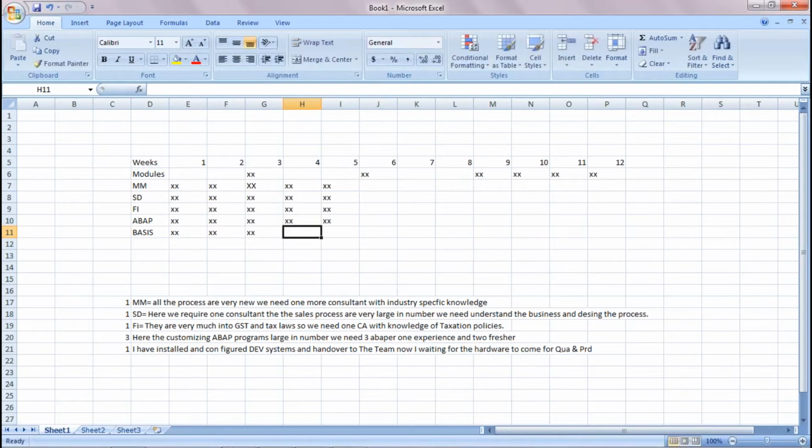Here also, every team is making progress, but every team has not been able to complete things.